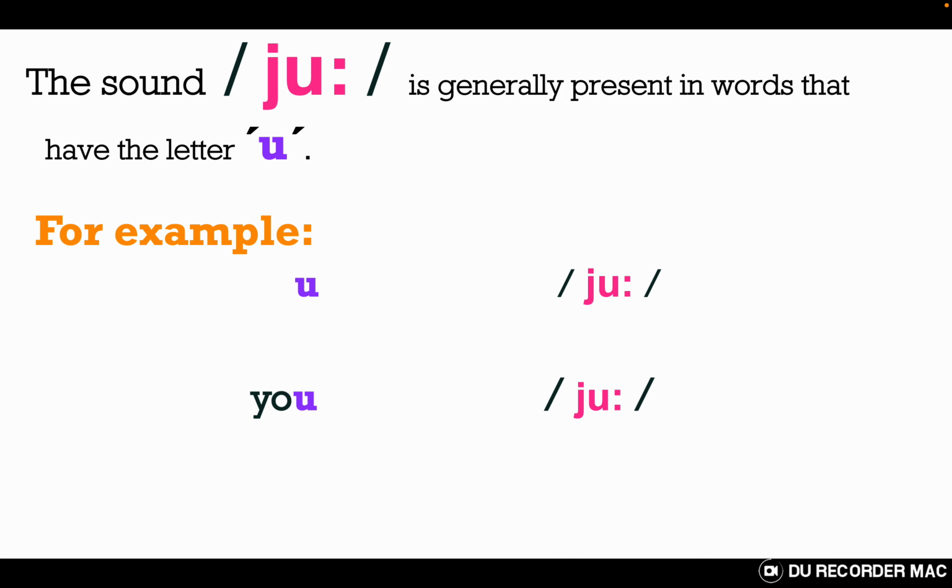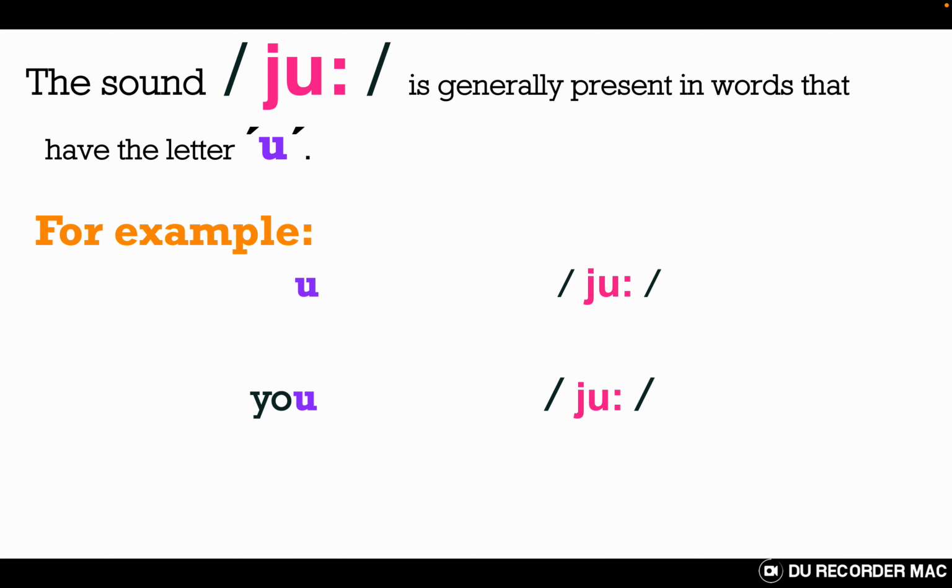Okay, let's see. The sound U is generally present in words that have the letter U. I repeat from the very beginning, not all the words in English that have U are pronounced U. Sometimes it's pronounced A. Sometimes it's pronounced in other ways.